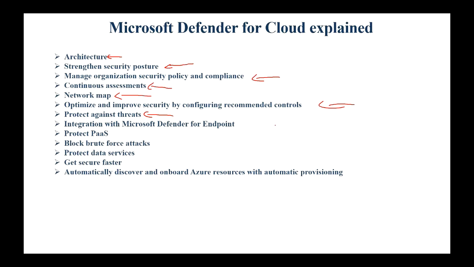Then you have the integration with Defender for Endpoint. And Defender for Cloud includes automatic native integration with Defender for Endpoint. This means that without any further configuration, your Windows and Linux machines are fully integrated with Defender for Cloud's recommendations and assessments.